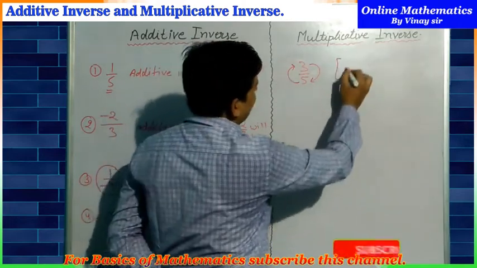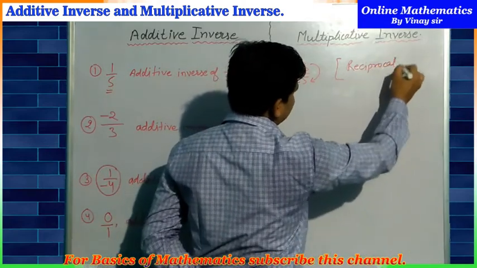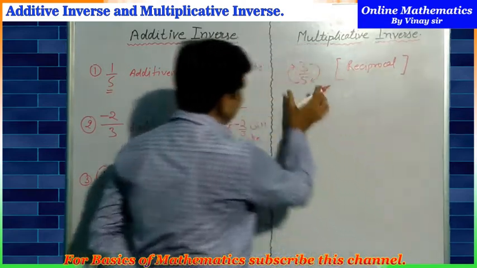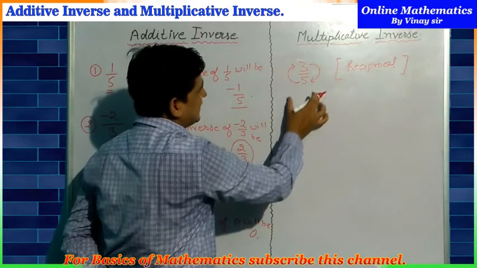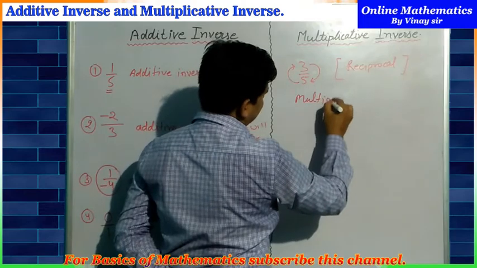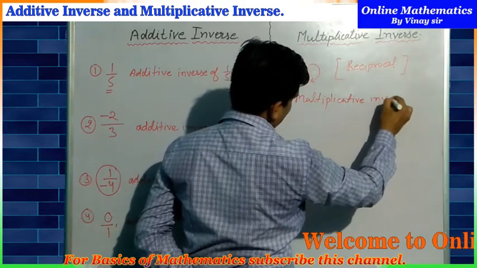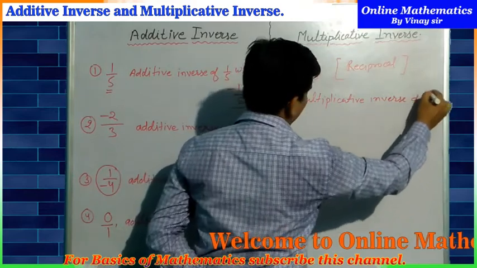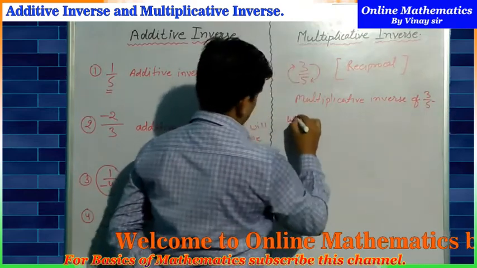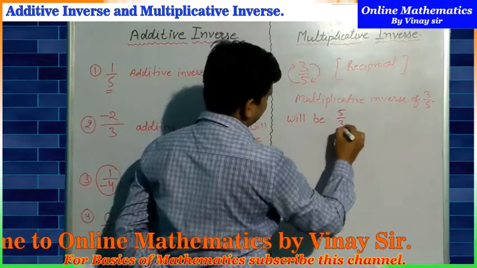This is also called the reciprocal of the given number. So the multiplicative inverse of 3 upon 5 will be 5 upon 3.